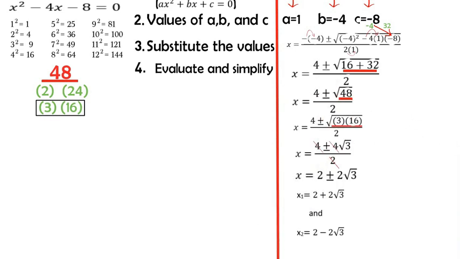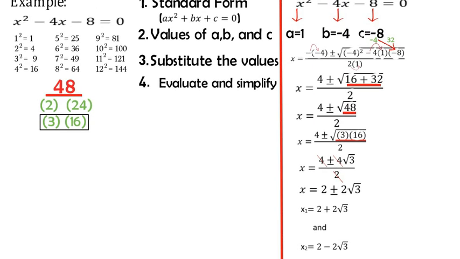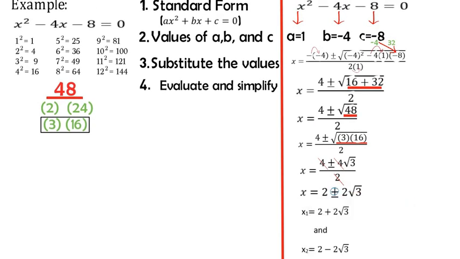Those are now the values of x. That is the solution of our given, since we have addition, that is the first x, and the subtraction, that is the second value of x.